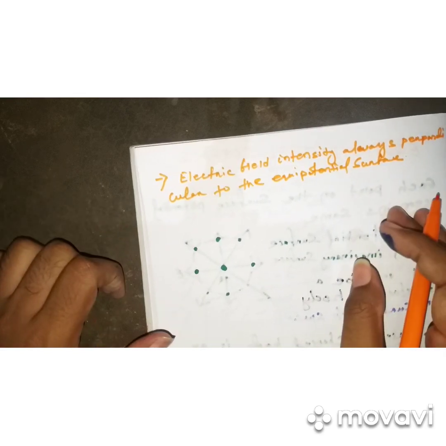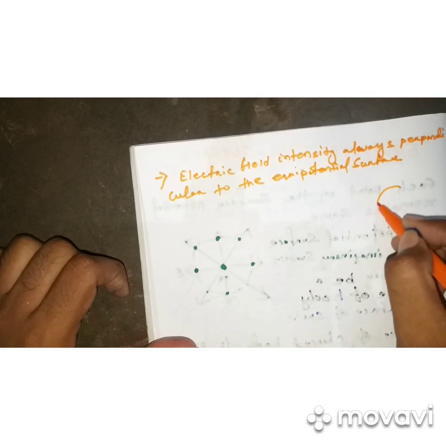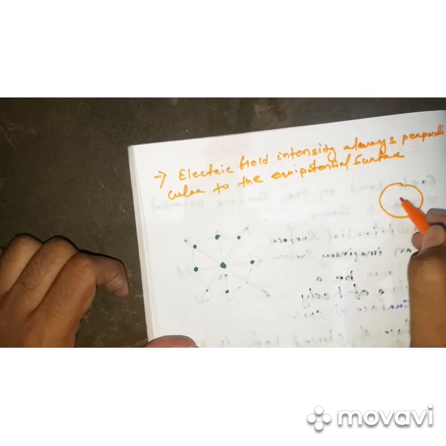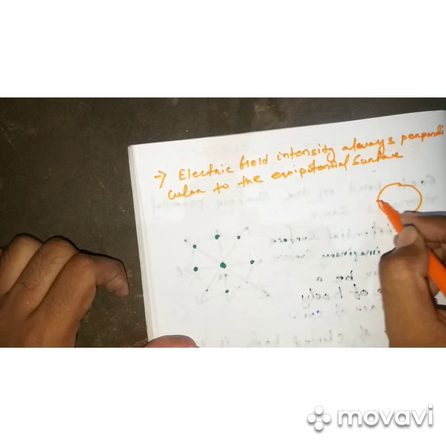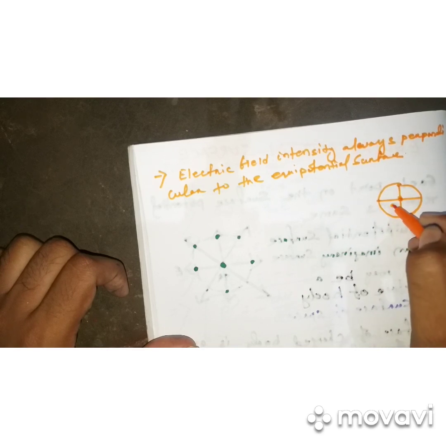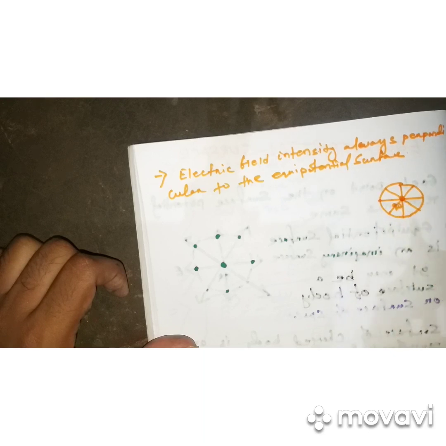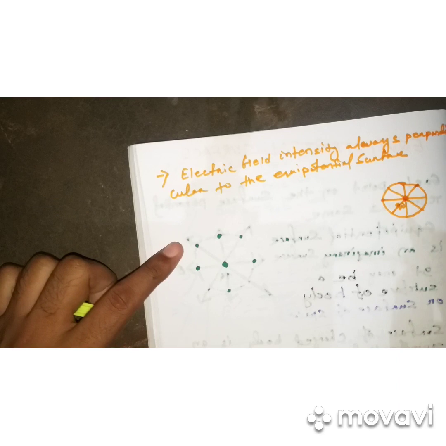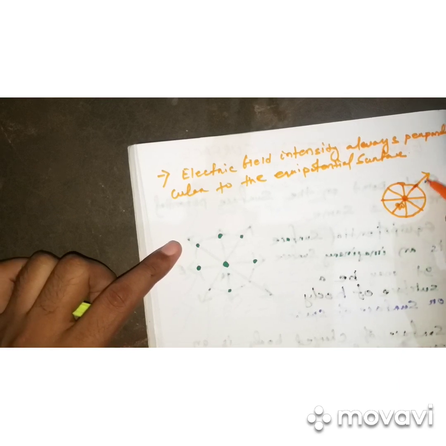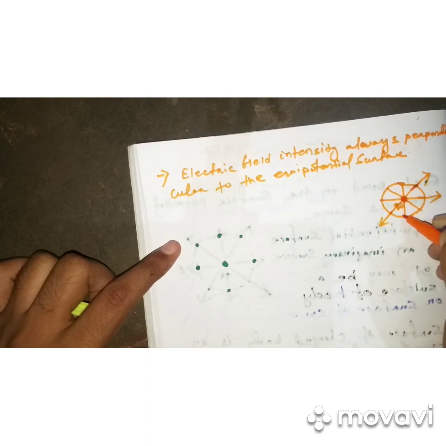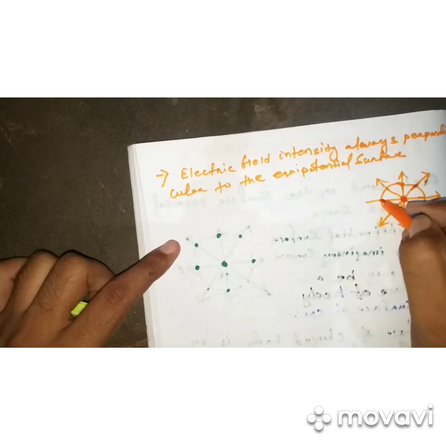Here, suppose this is the surface and this is the test charge. Each point on the surface, potential remains constant, and the electric field is radially outward due to the point charge, which behaves as a positive charge. Clear?